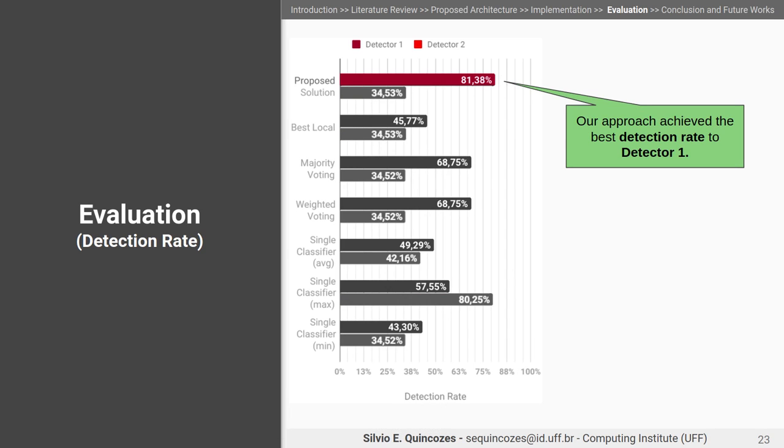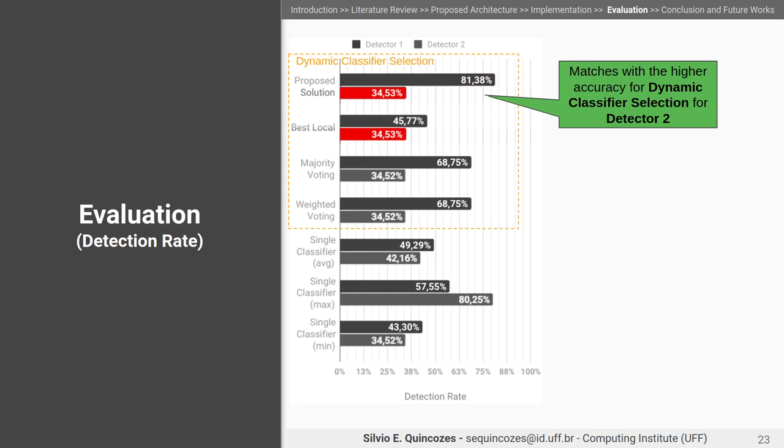Regarding the detection rate, our approach also presented the best detection rate for detector number 1 and the best detection rate for detector number 2. That was also the same as the best local approach, for the same reasons that I said previously.